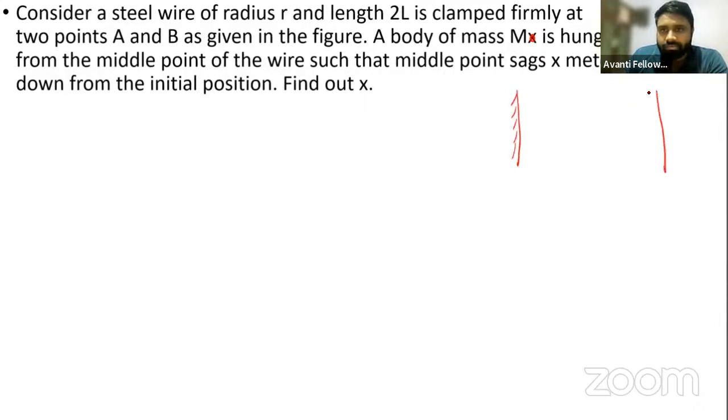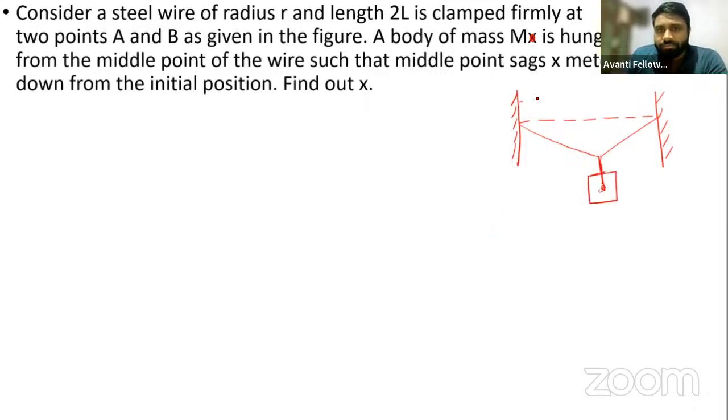These are two rigid supports. Initially the wire is at this length. We have hung a body of mass capital M at the middle of it so that it will stretch a little like this. It will stretch like this. And let's say this is the body we have.